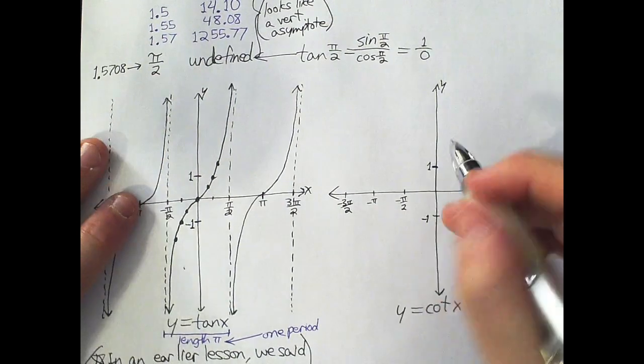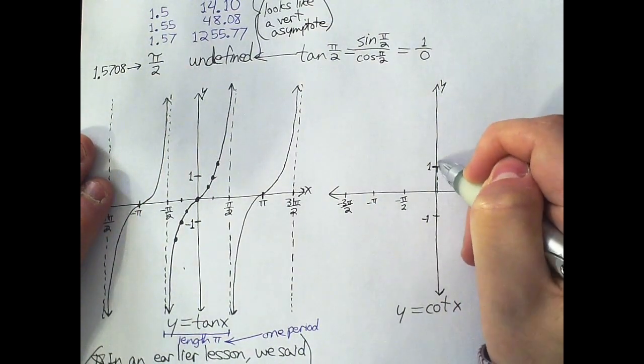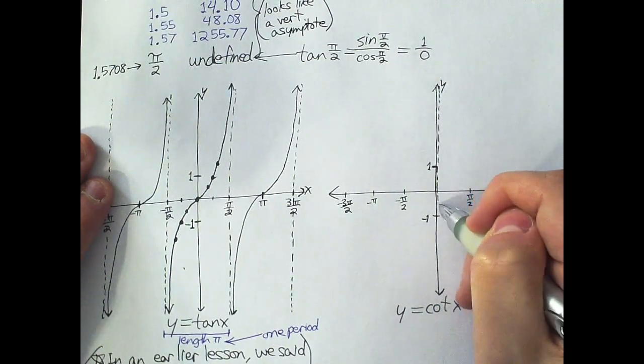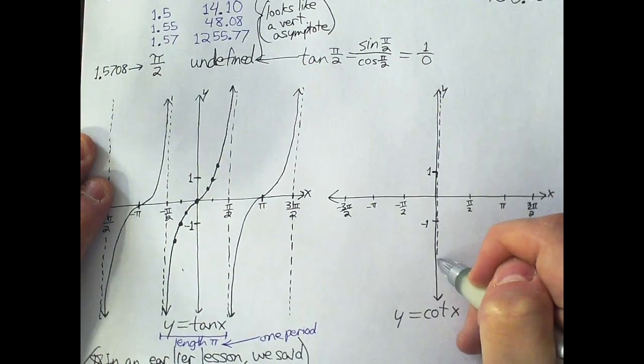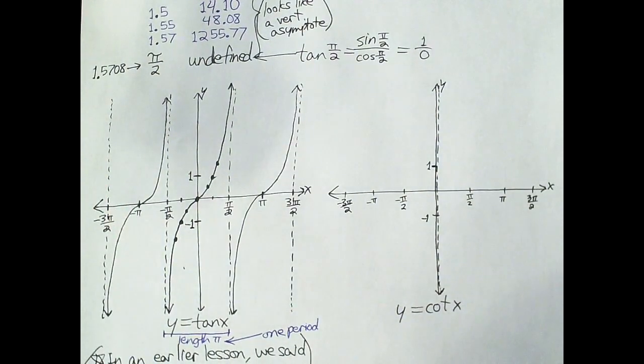Y is 0 on the unit circle, for example, at x equals 0. And we get a vertical asymptote here. What I'm saying is cotangent of 0 is undefined, because we would be dividing by 0. And similar to tangent, it winds up showing up on the graph in the form of a vertical asymptote.